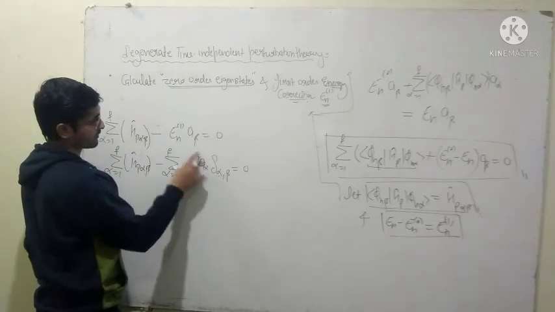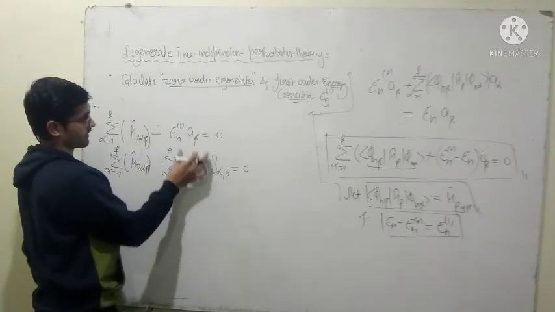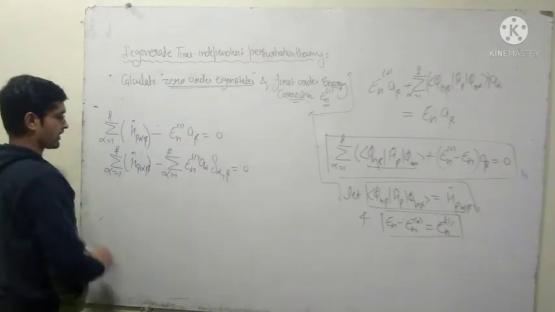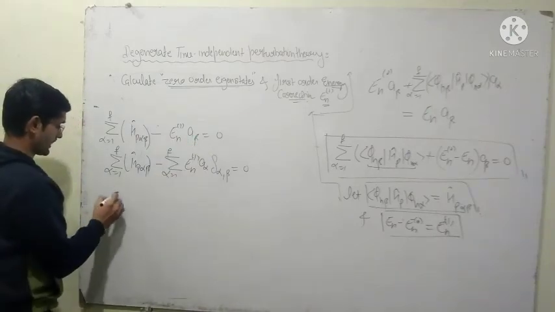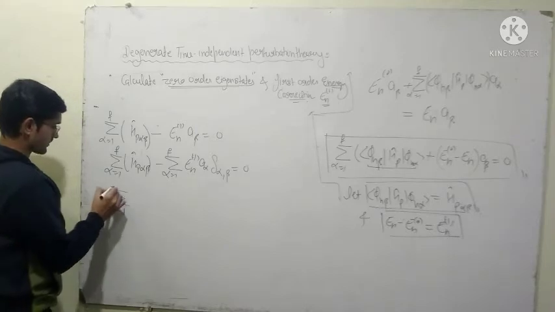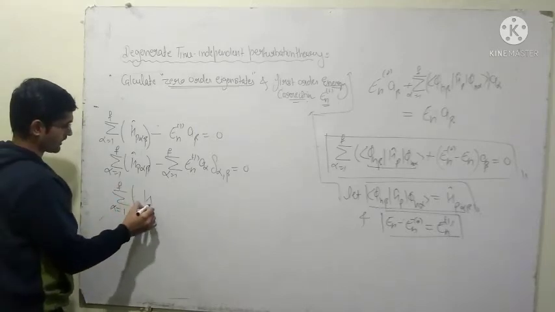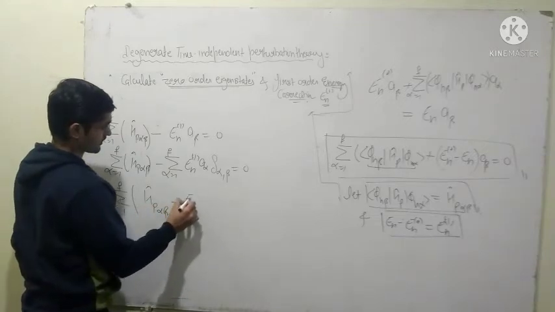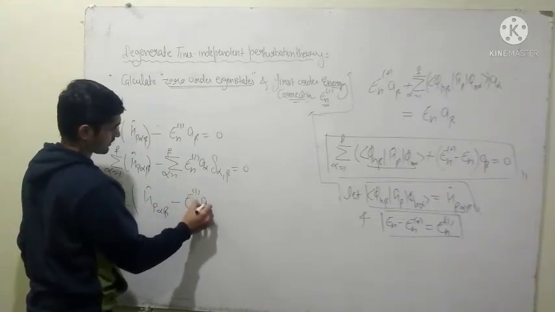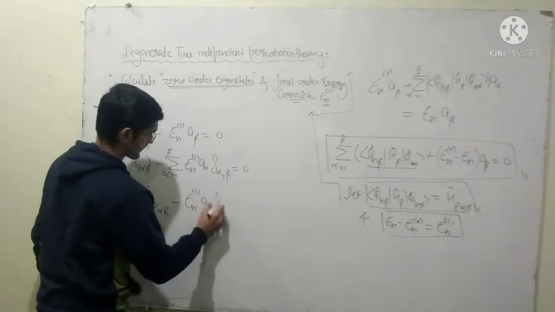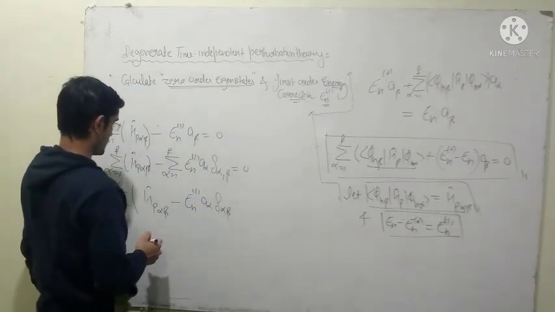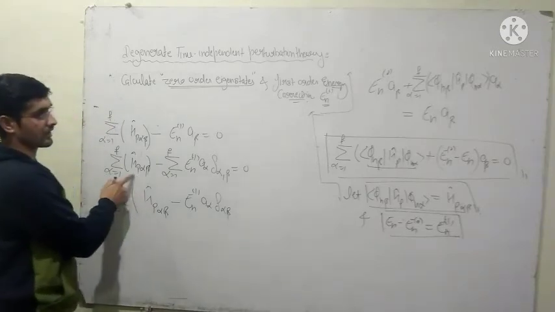When alpha is equal to beta, then this term will be converted into this particular term. So it is just a way to write it, because we just want to take this summation as common. So now it will be hp alpha beta minus en a alpha delta alpha beta, right? So one more term that I am missing.